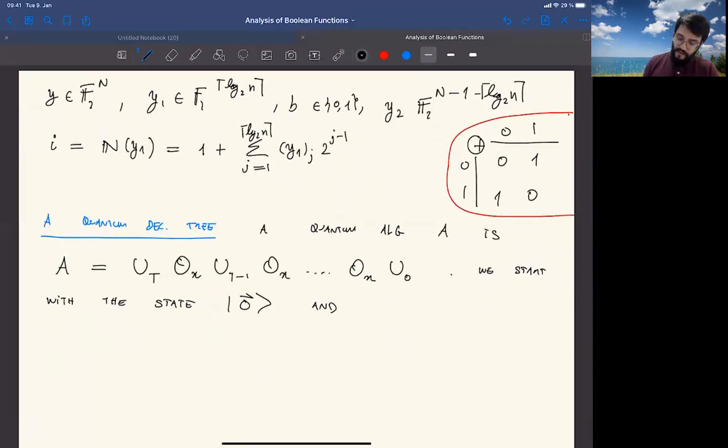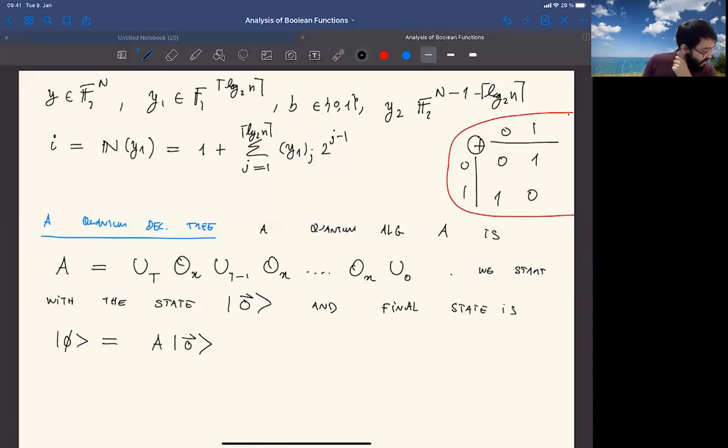And the final state is phi, and that phi is just A applied to that state. Of course, that depends on X. So this is the attempt of the quantum computer to compute the variable, computing input X.